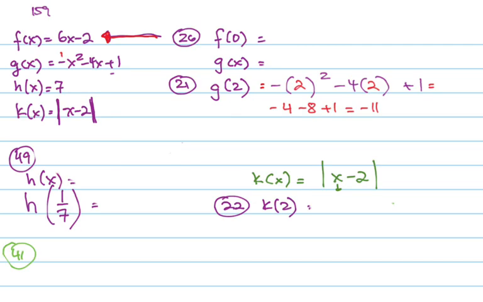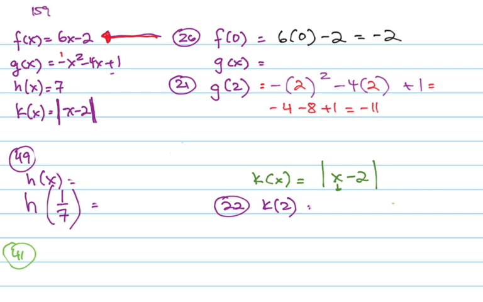Okay, let's go back, find f of 0. f of 0, number 26. Now you have to use the f function. Six times 0 minus 2 is what?